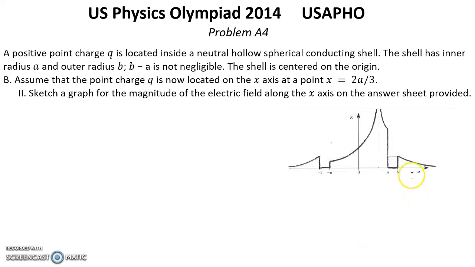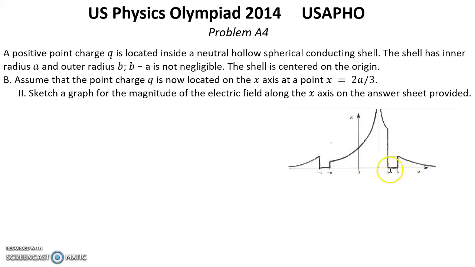So for x greater than b, from the right side and symmetrically from the left side, we have the same field as for a point charge in the center of the sphere.